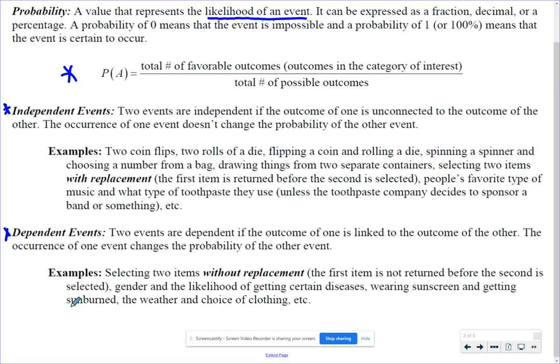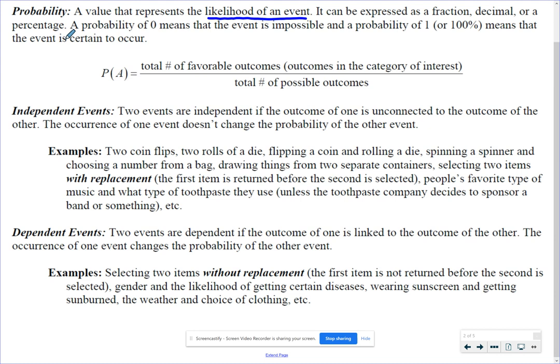Dependent events. Two events are dependent if the outcome of one affects the outcome of the other, if they're somehow linked together. So the occurrence of one event changes the probability of the other event. Okay, so independent, they do not affect each other. Dependent, the outcome of one of them affects the outcome of the other. And an example of that would be selecting two items without replacement.